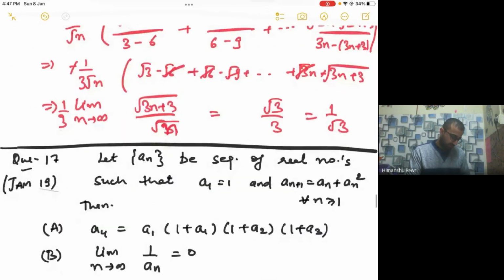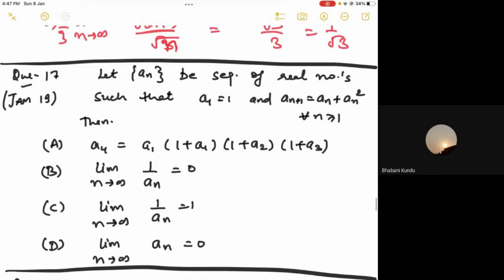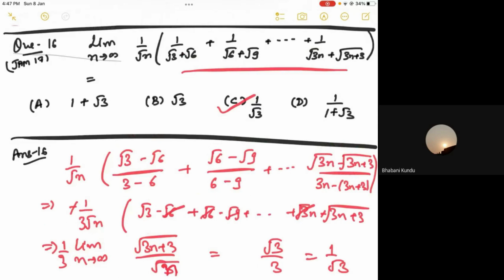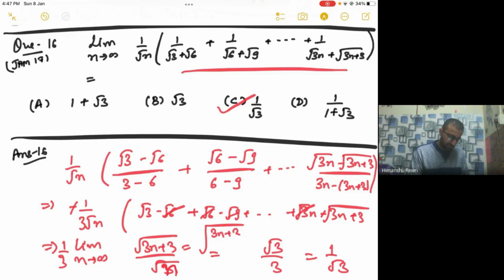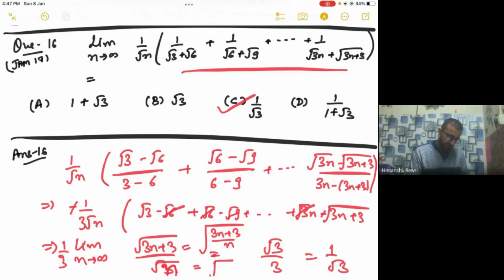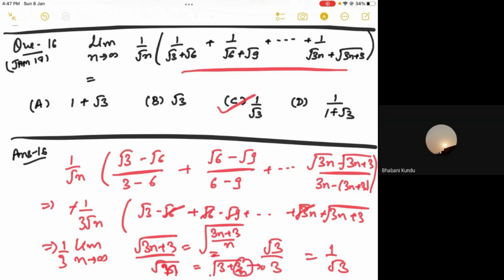Should it be root 3 plus 3 plus root 3? This will be the same as root 3n plus 3 divided by n, and plus root 3 by n. This is the same as root 3 plus 3 by n, so this will go to 0.